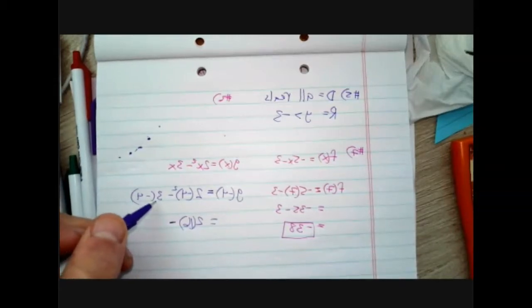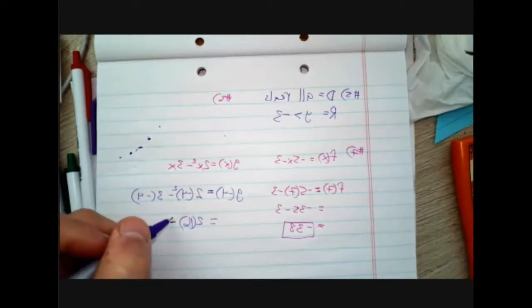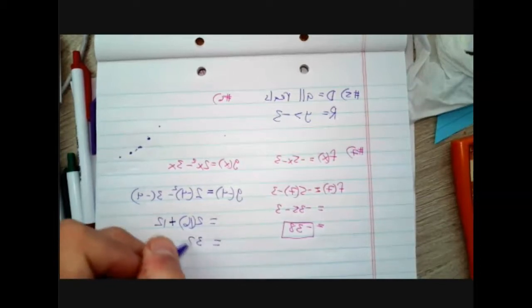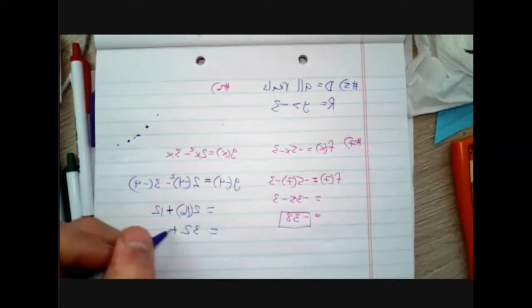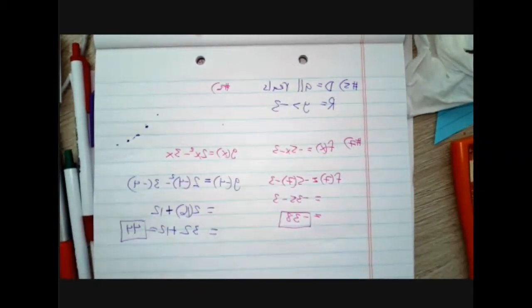And then minus 3 times -4, that's a negative number times a negative number, so it's going to be a plus 12. 2 times 16 is 32, and 32 plus 12 is 44. So again, that was function f and function g. They asked me to find f of 7, that was here, -38, and g of -4, that was here, 44. So let me know if you have any questions, people.